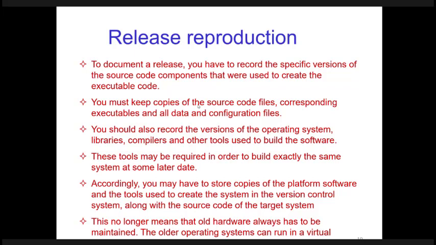You have to keep copies of source code files. Copies of the component versions have to be made available, and the corresponding data and configuration files have to be archived.